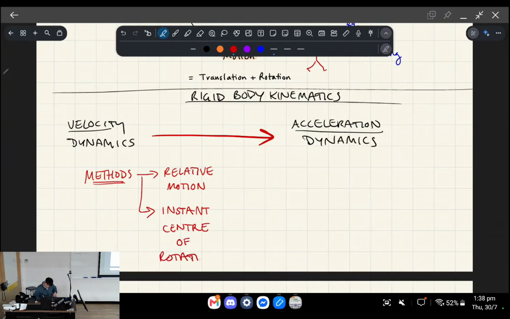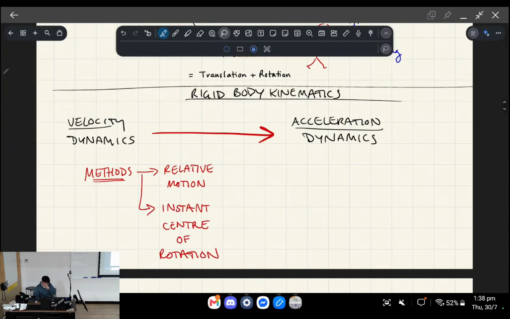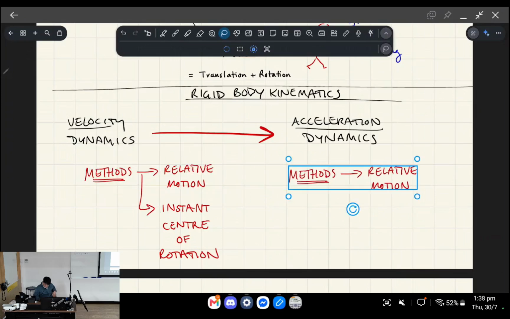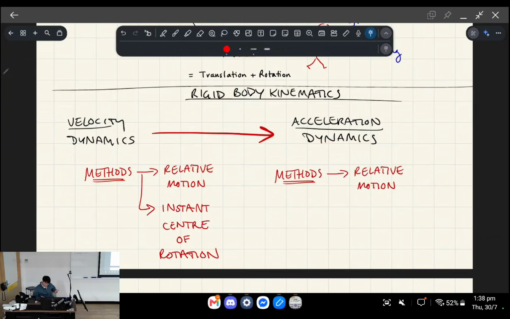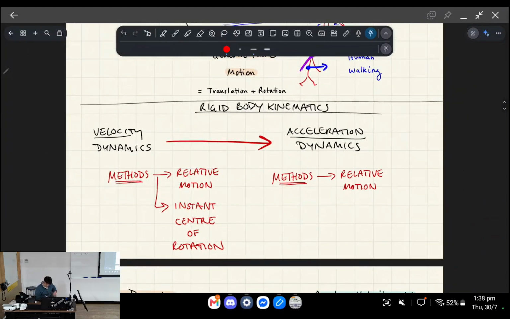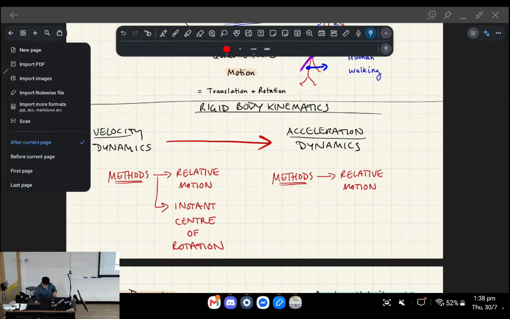For acceleration dynamics, there's essentially only one method you can use: relative motion. Both of these require relative motion, but there's a little trick you can do for velocity dynamics, which allows it to be a little bit easier if you understand it properly.